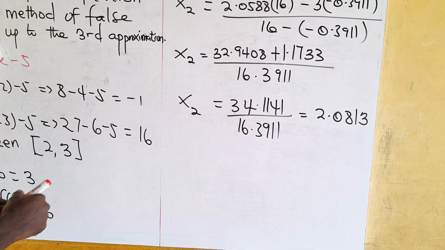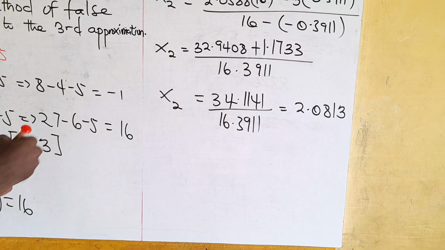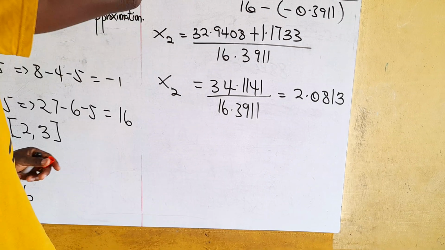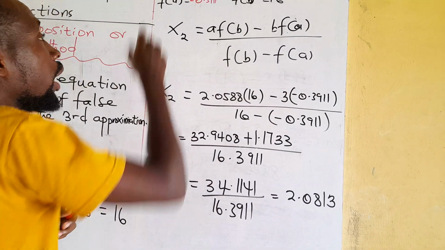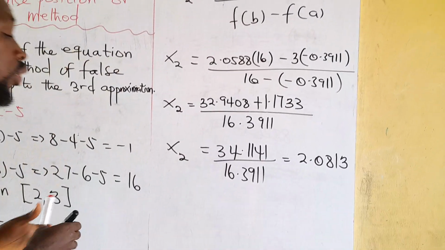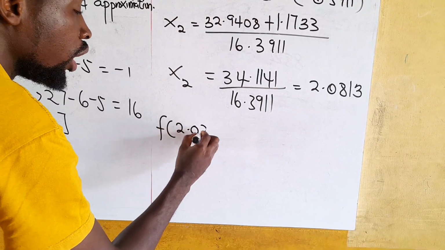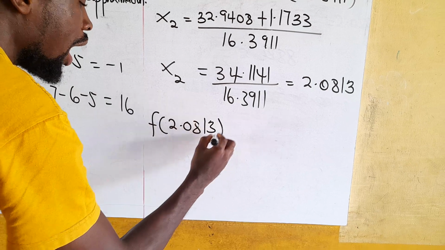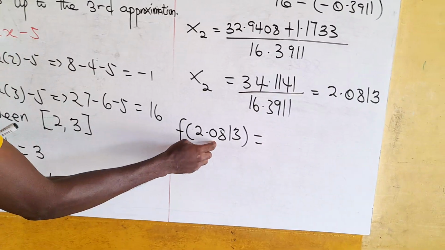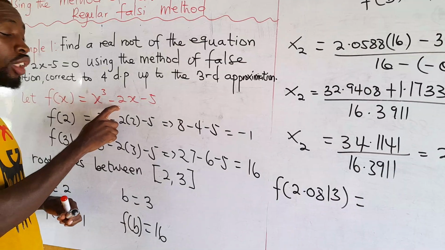When we divide that, our x2 will be 2.0813. What do we do? We find f of x2 to see which of these it will replace. Is it A or B? So now let's find f of 2.0813. That's substituting 2.0813 into our function.